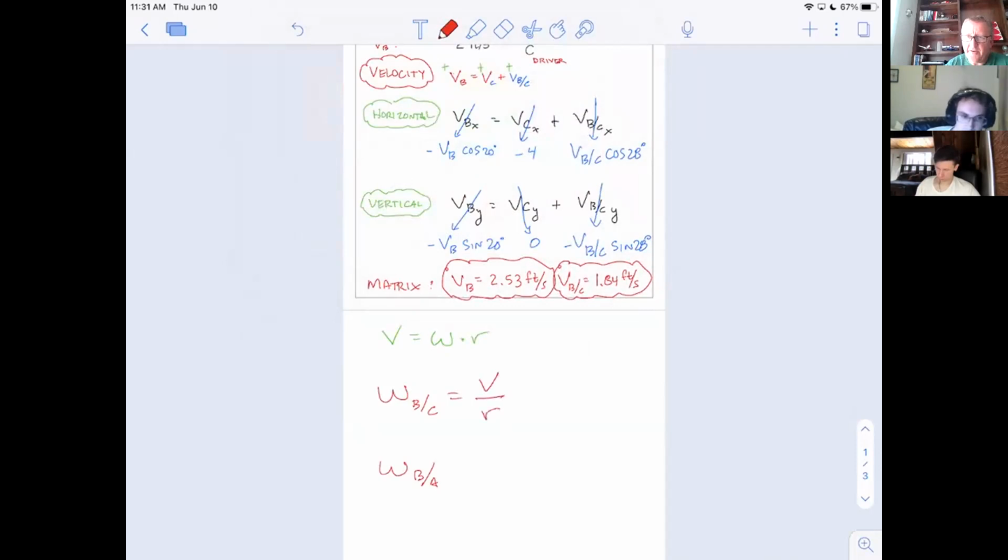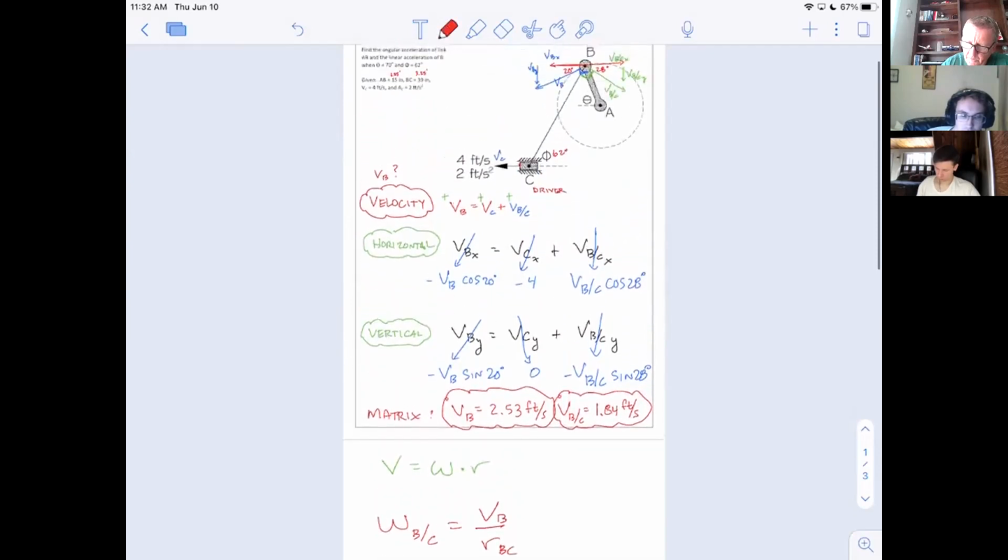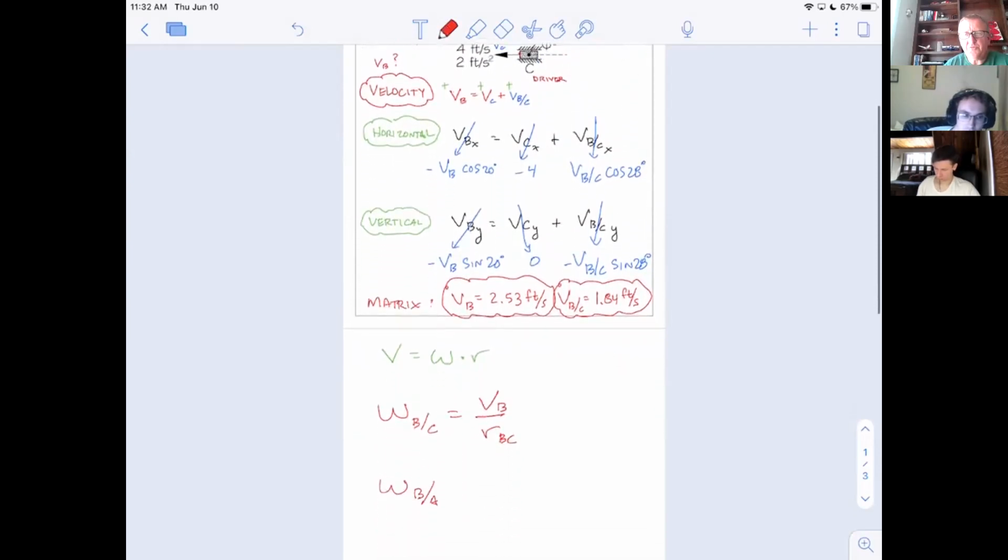But again, the velocity of what? Well, that's the velocity of B. And this is the radius of BC, since we're talking about that rotating. So what's wrong with the statement that I just wrote?